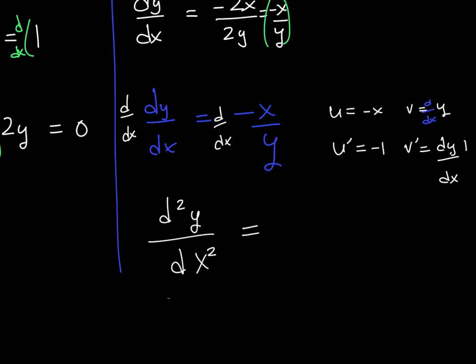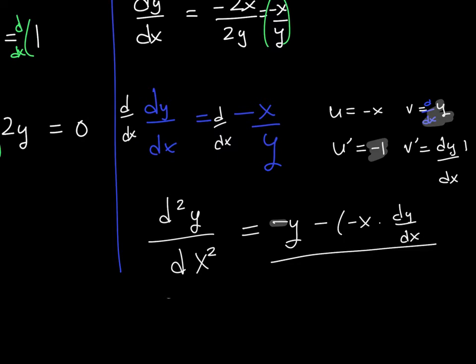Now, to put that in there, it's the derivative of the numerator times the denominator, which is just negative y. Then I subtract out negative x times dy dx, and that's all over my denominator squared, which is y squared.